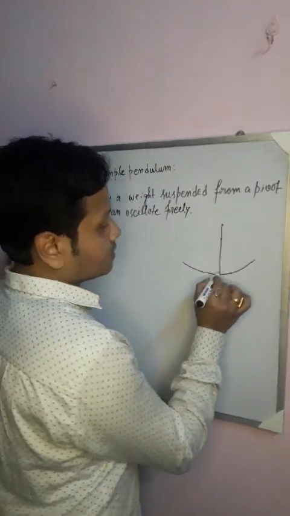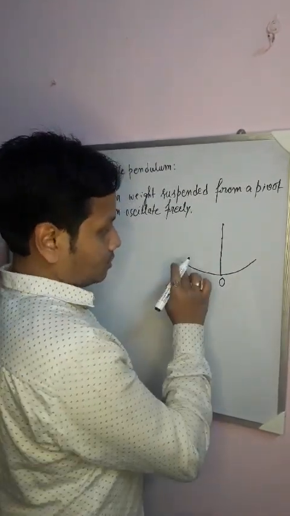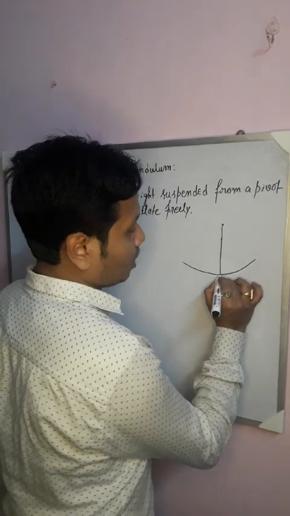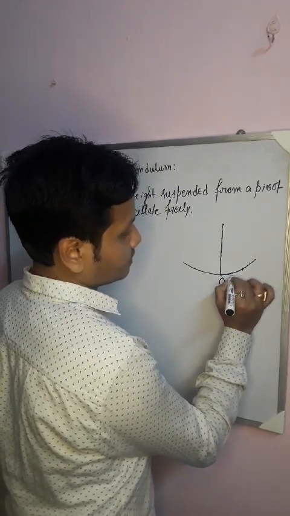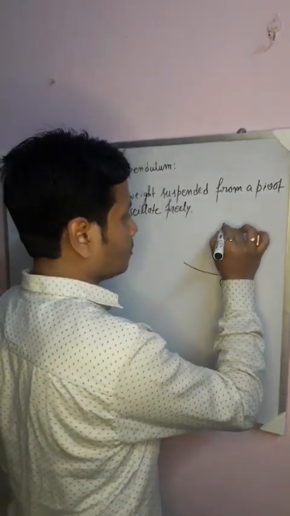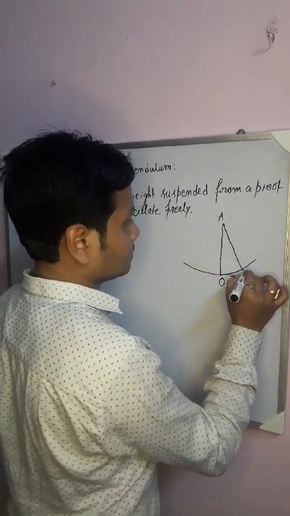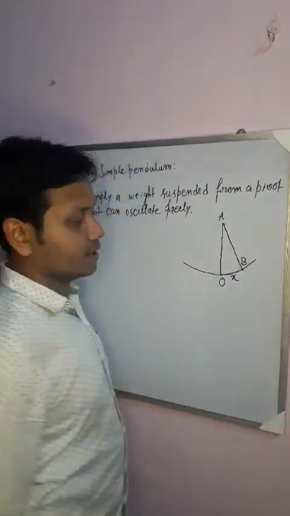This is the equilibrium position, say O, so the pendulum oscillates about this. Suppose at any instant the pendulum bob moves from O to this point, and suppose this distance is x. Say this is point A and this is point B.